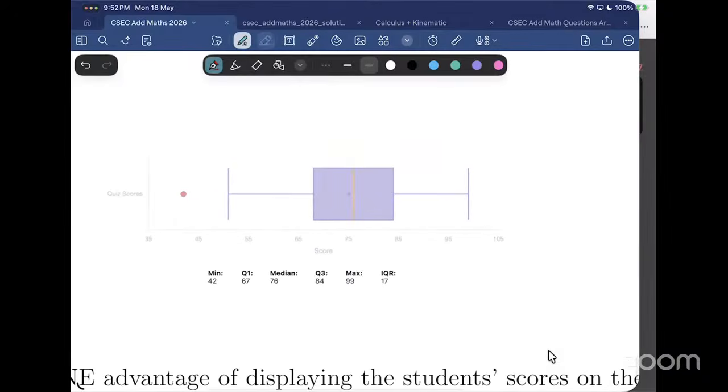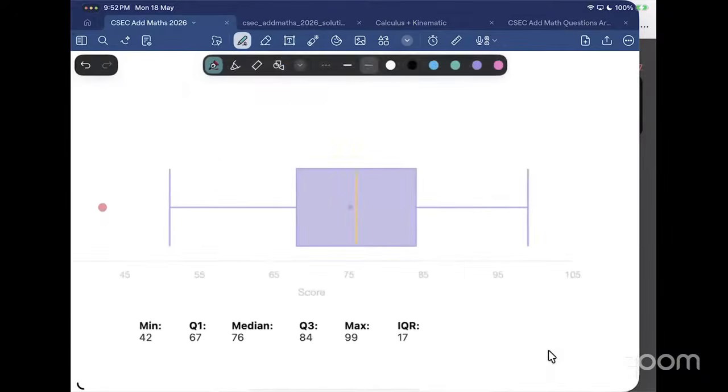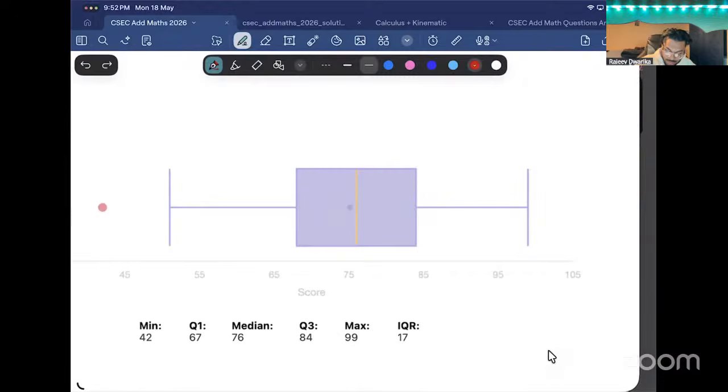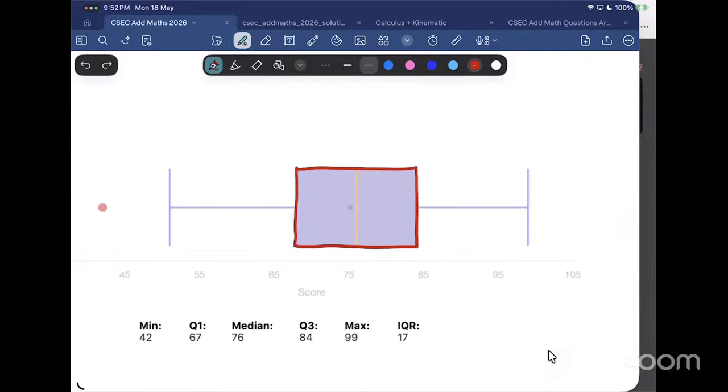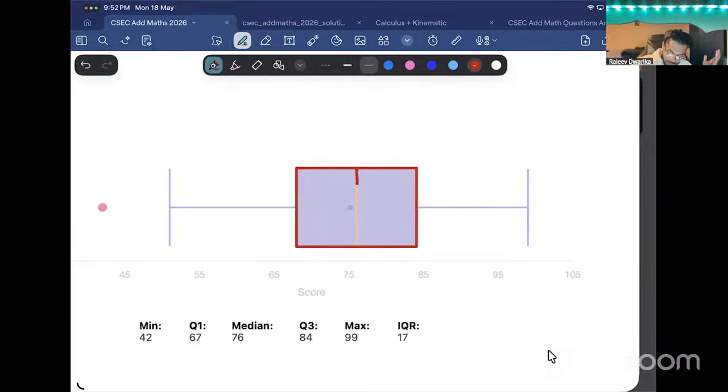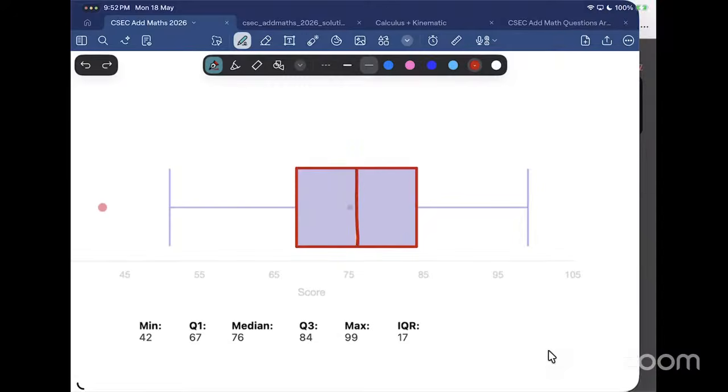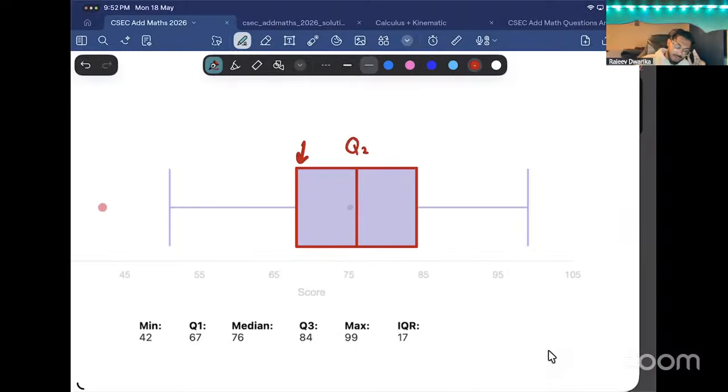You see why we call it box and whisker, right? Because we literally have a box here. And this over here corresponds to your Q2 value. What do you suppose this here is going to be then?